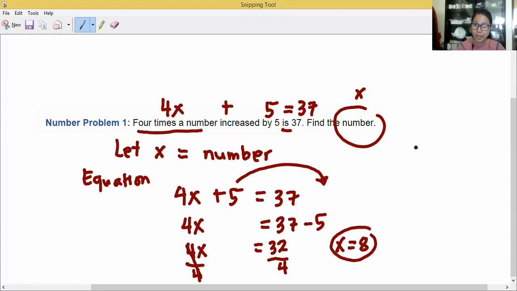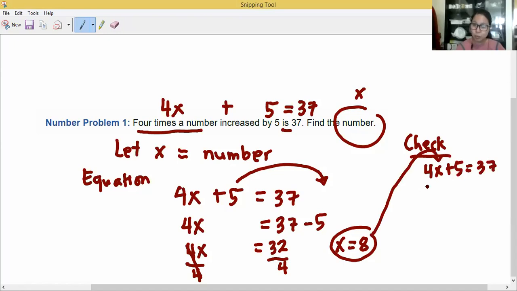If we want to check if our solution is correct, then you need to write the equation again. 4x plus 5 equals 37. Remember, what is the value of x? It's 8.